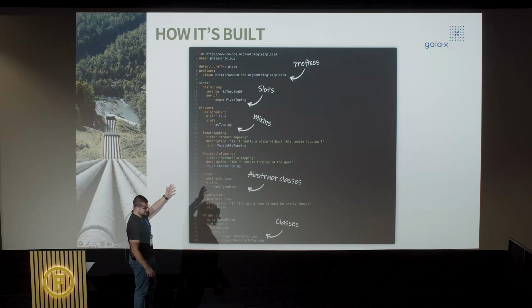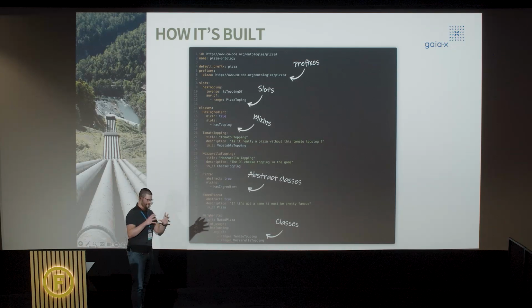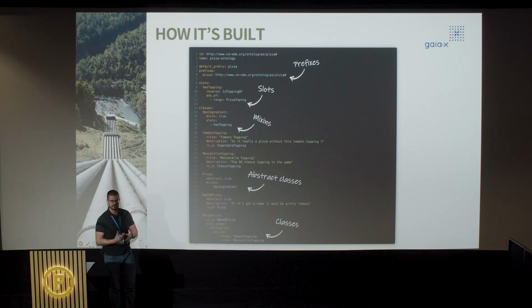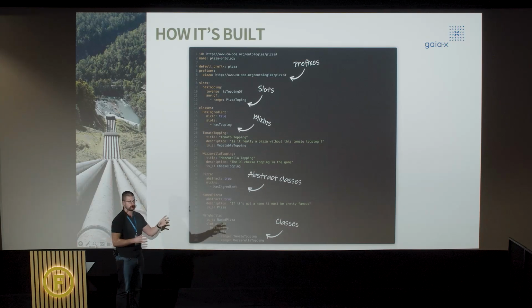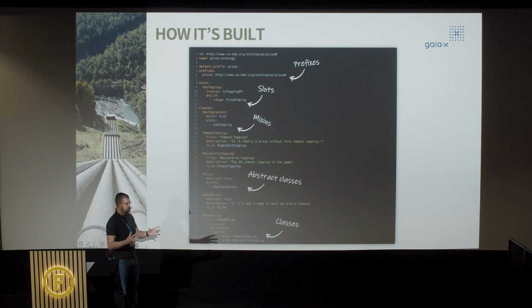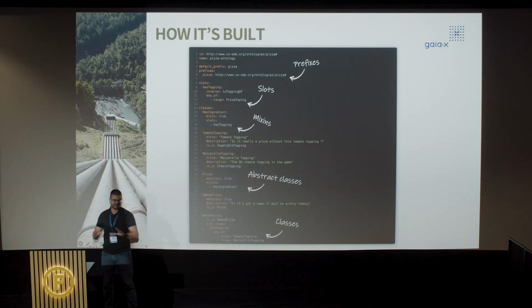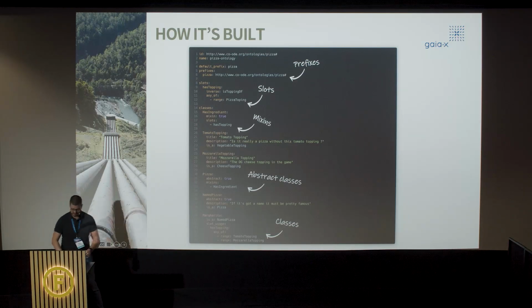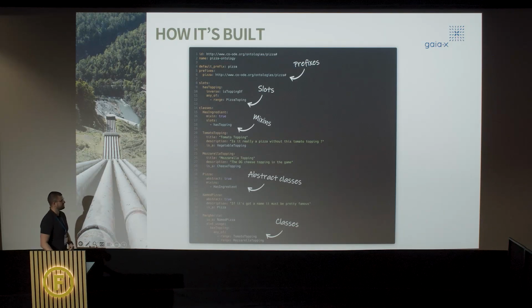You also have mixins. Please note that LinkML has single inheritance, so a class can inherit another one, but you can also inherit in a way multiple classes through mixins. They're like interfaces, we're going to say, in object-oriented programming.